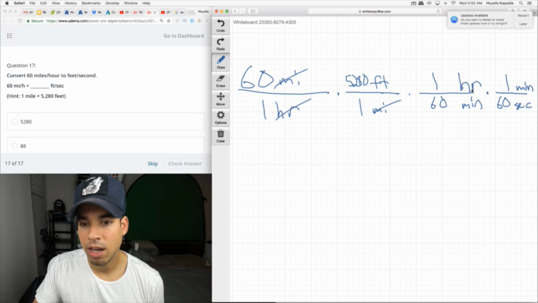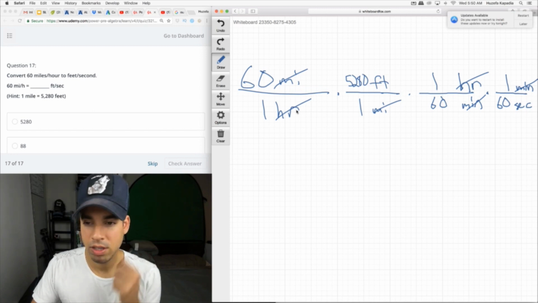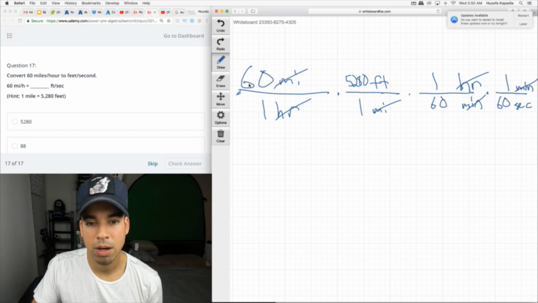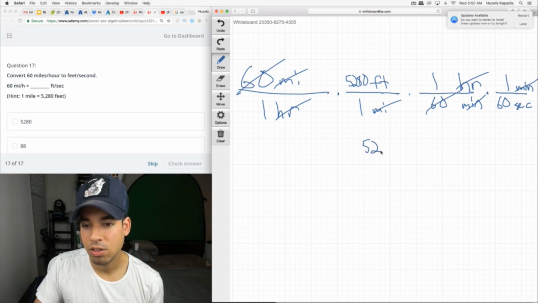Now we cancel out the hours, minutes, and we will have feet per second. Simple as that. Now we can go ahead and multiply everything across and get our answer, but we could also simplify a little bit. I see a 60 on top, 60 on bottom. Those can go away. And now we just got 5,280 feet over 60 seconds.